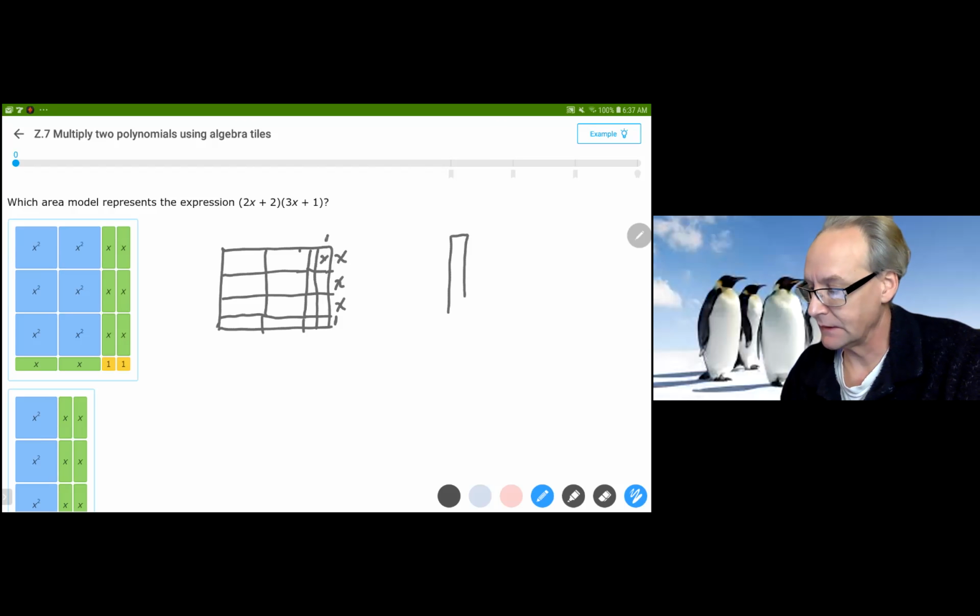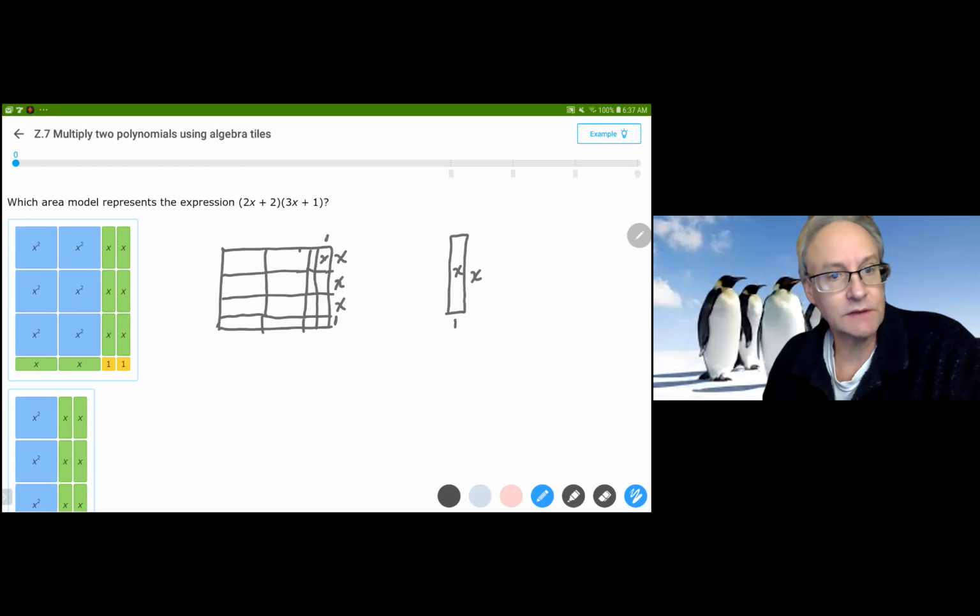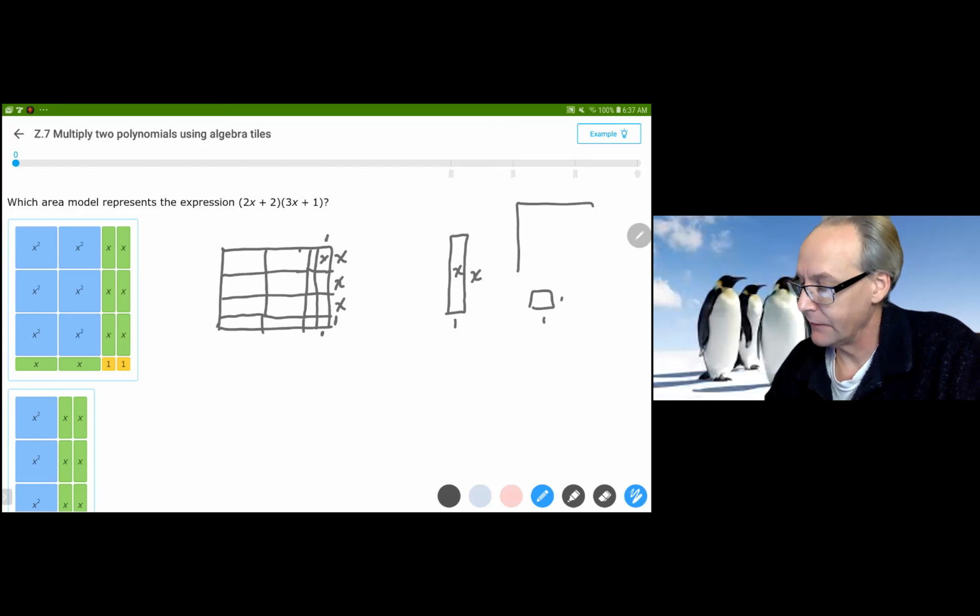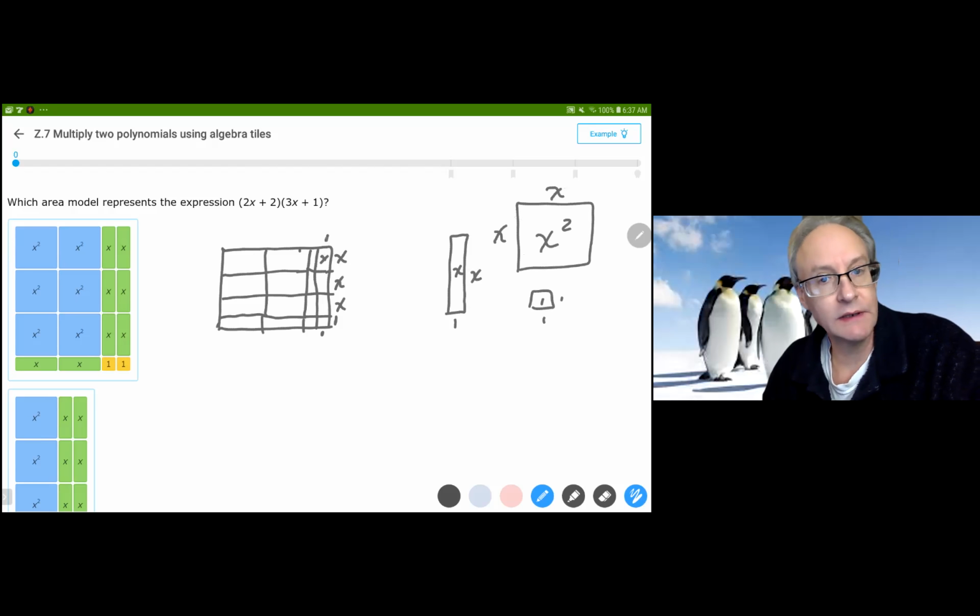They are 1 by x, which gives them an area of x green units. The 1 by 1 units have an area of 1, of course. And the x squared units clearly have an area of x squared. Hopefully all that's clear. 1 by 1 is 1, x by x is x squared.